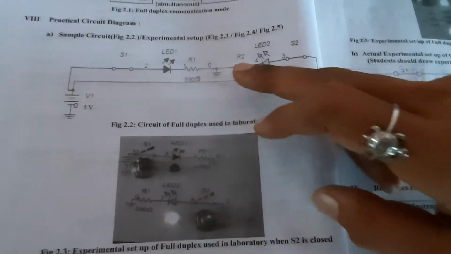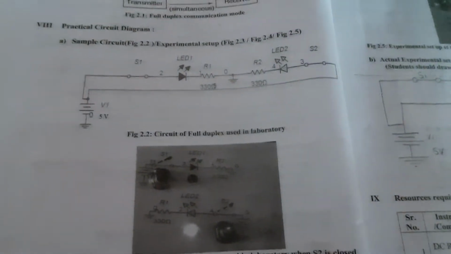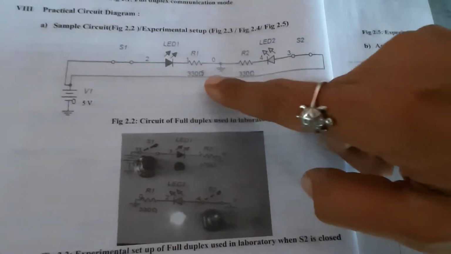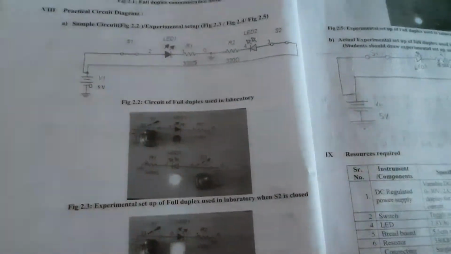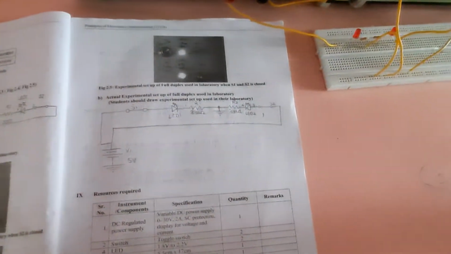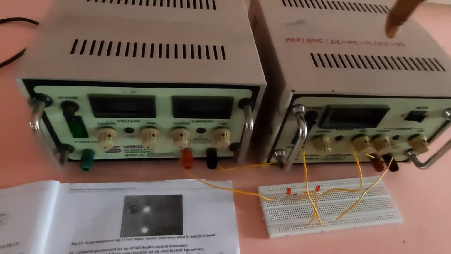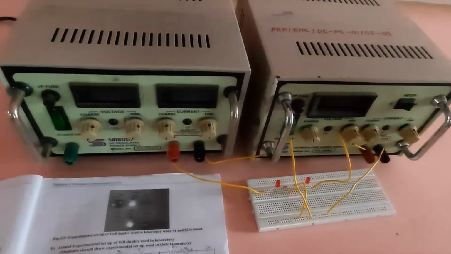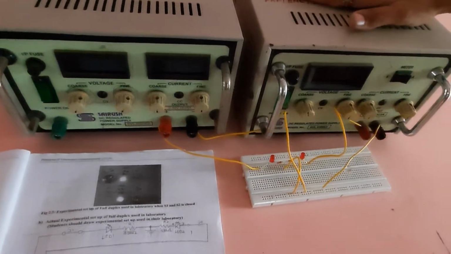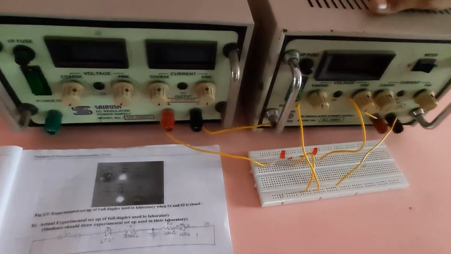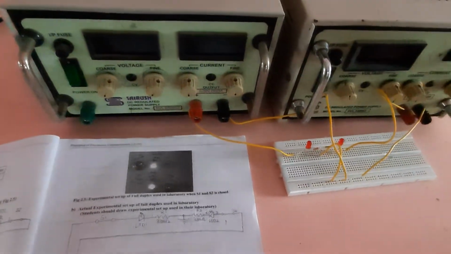Limiting resistors of 330 ohm are used to avoid excessive current. For the switches we are using two power supplies, power supply 1 and power supply 2, and we set each power supply to 5 volt. Now this is our switch 1, this is our switch 2.